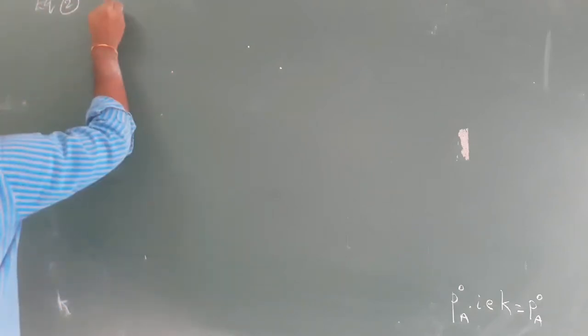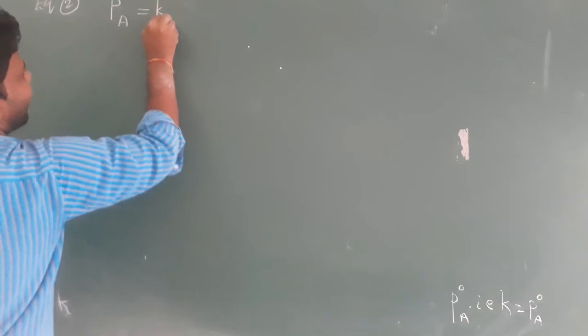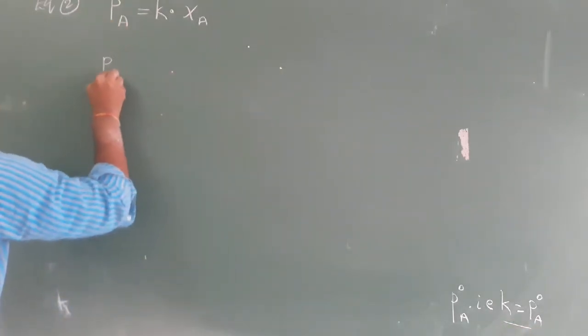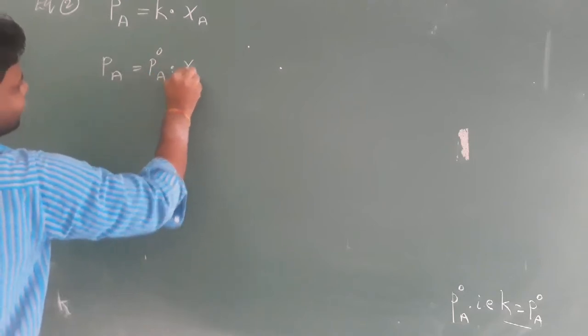Equation number 2 implies, what is the equation number 2? Pa is equal to K into XA. Here K is equal to P naught A. This value substituted here: Pa is equal to P naught A XA.